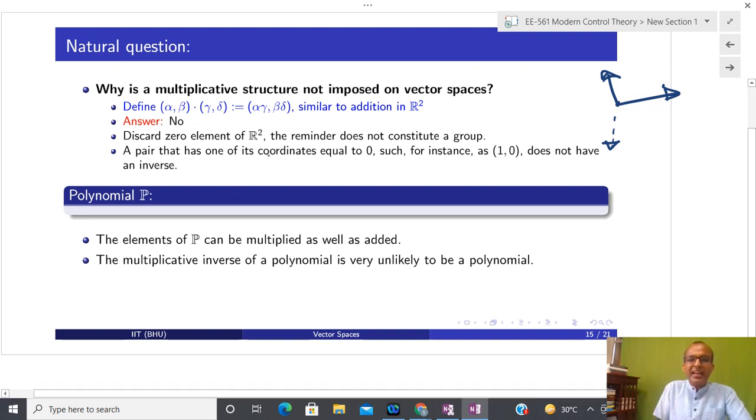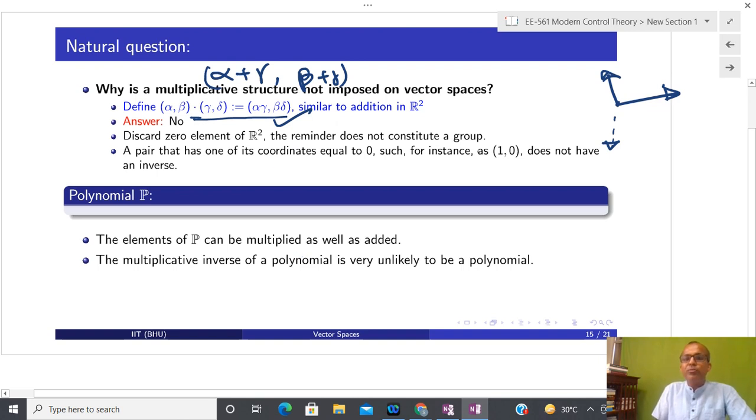They give a very simple example: suppose you are in two-dimensional space, and suppose I define multiplication like this. Addition I can define like this: (alpha, beta) and (gamma, delta). At that time I will define addition as (alpha plus gamma, beta plus delta), in this way as an ordered pair. Okay, now multiplication I will define like this. Then what kind of problem comes into the picture?